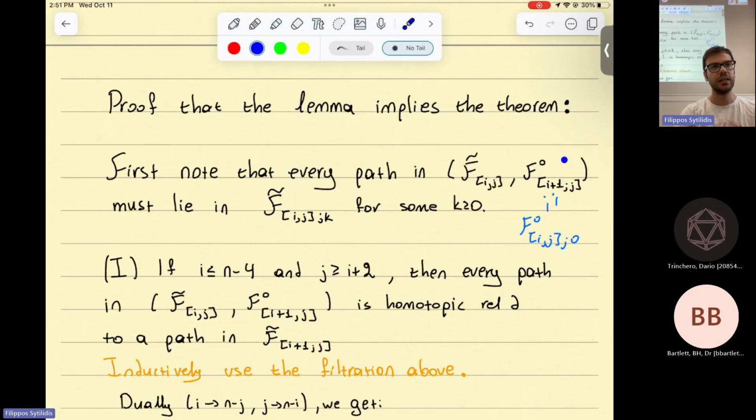So I can live inside here. That's what allows me to use the lemma to throw away all the index i critical points that have been introduced in the path but didn't live in the endpoints of the path.